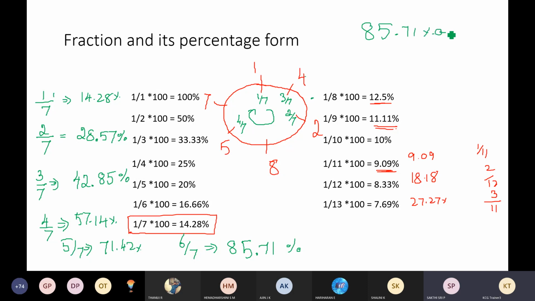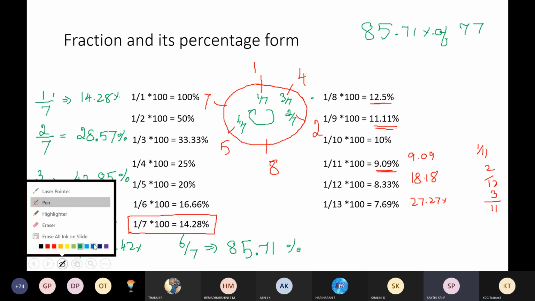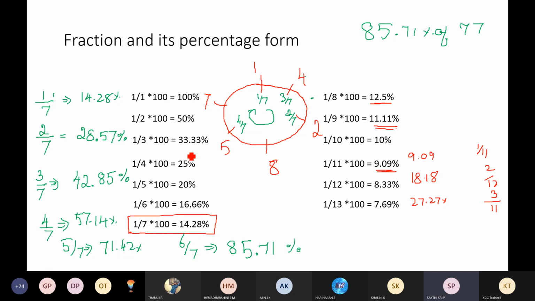So if someone asks you to find 85.71 percent of 77, what's the answer, guys? Come on, tell me.